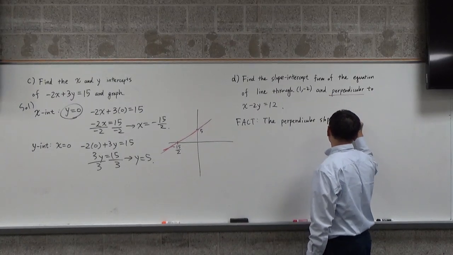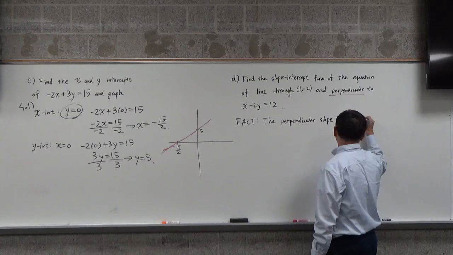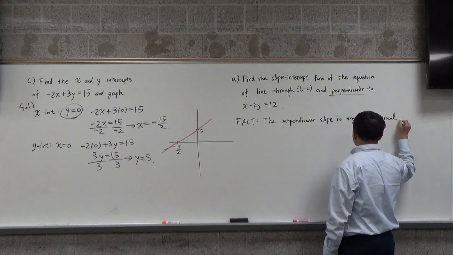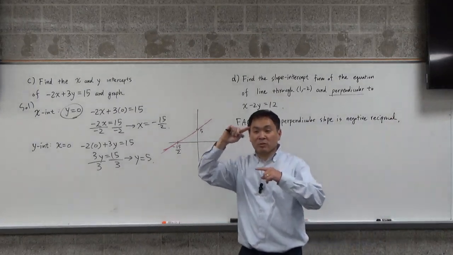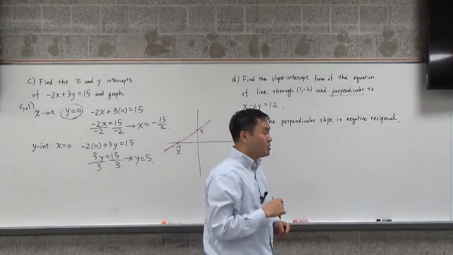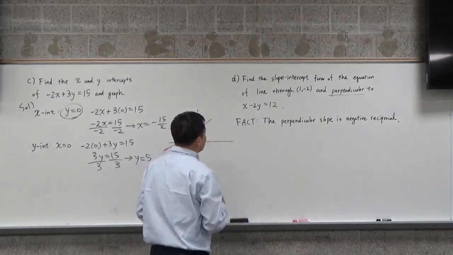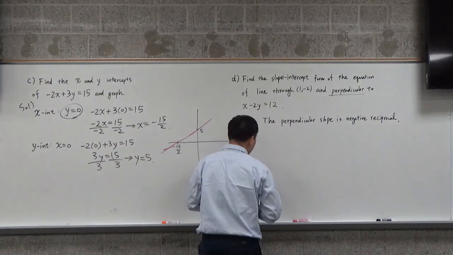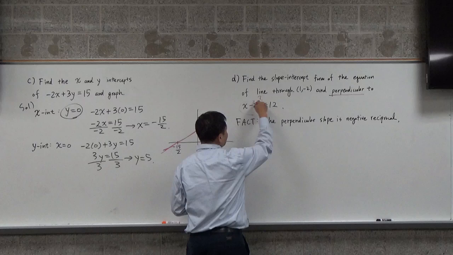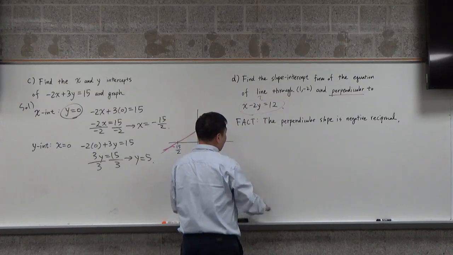Yeah, very good. You have to flip the fraction upside down, and you have to put a minus in front. Okay, that's what's needed. All right, so that means we first have to figure out what's the slope of this guy. So let's solve this first.